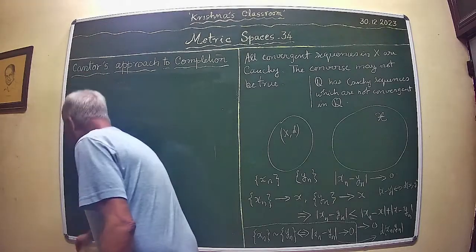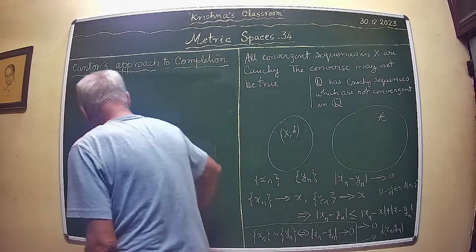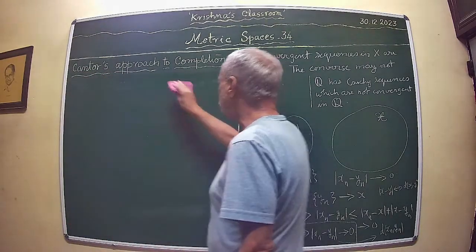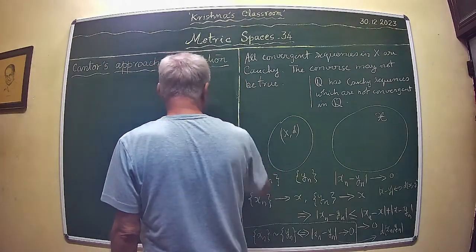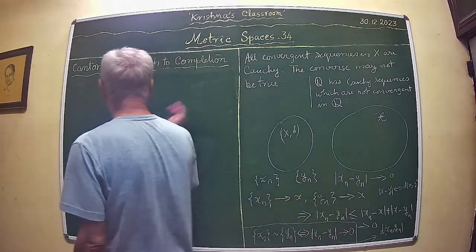In X tilde, some of these Cauchy sequences may be related and some of them may not be related in the sense in which we are going to take it up.